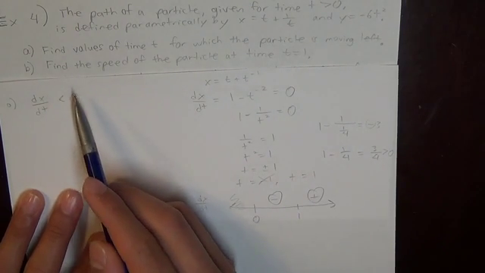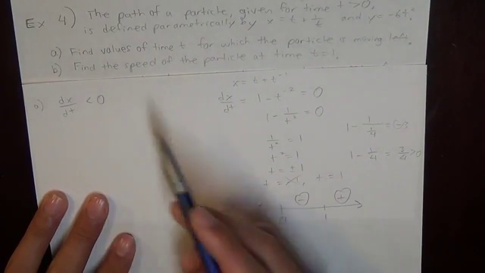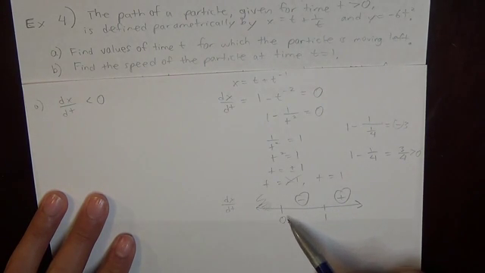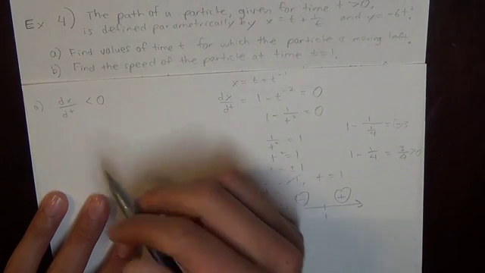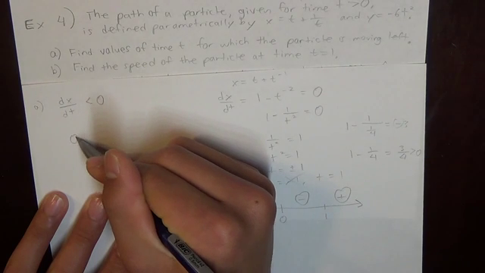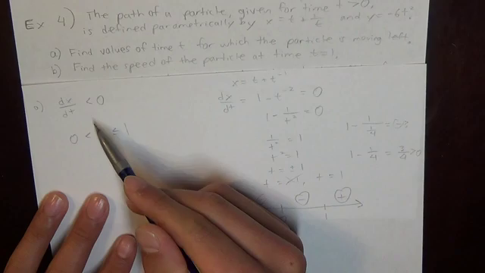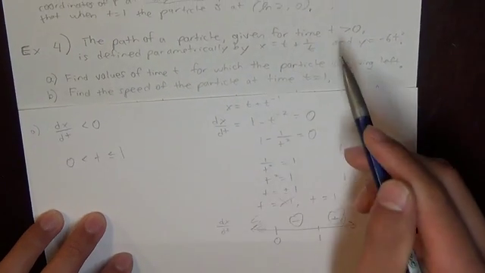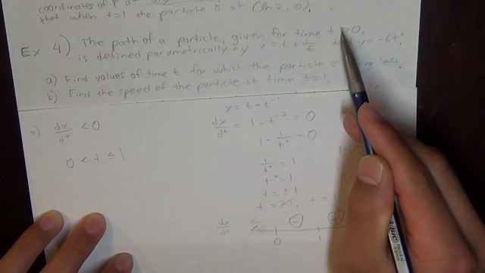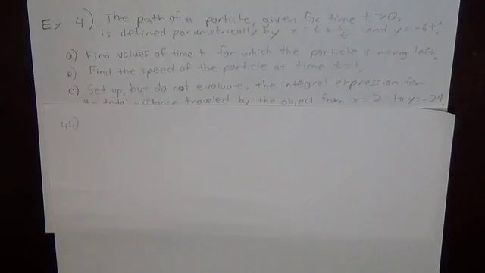What we were trying to find was when dx/dt is less than 0, and that occurs between 0 and 1. It's strictly less than because it says t is greater than 0.